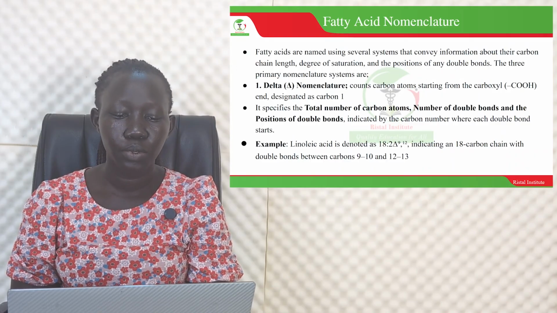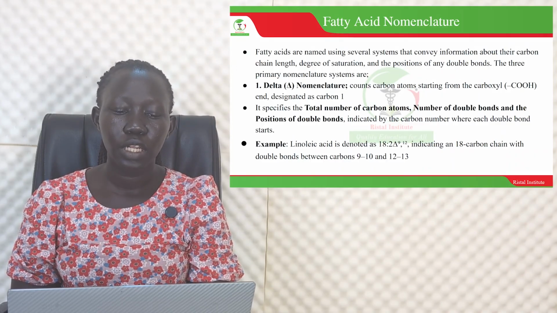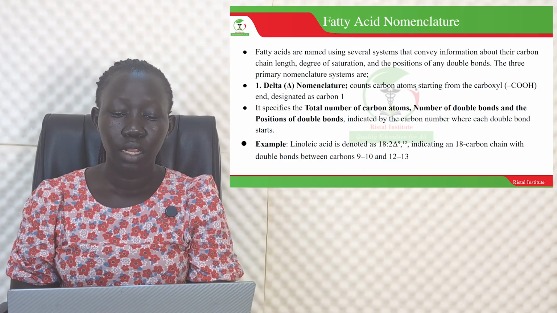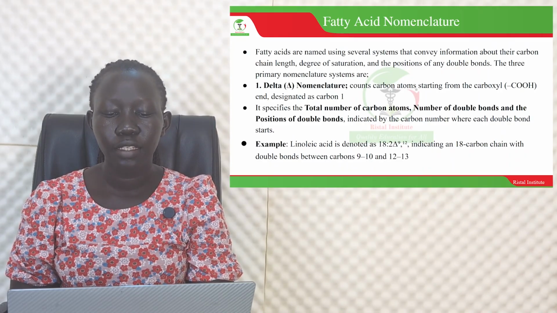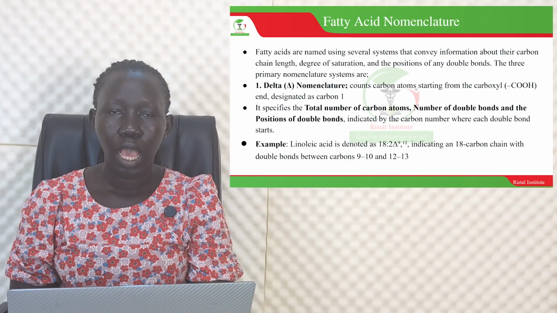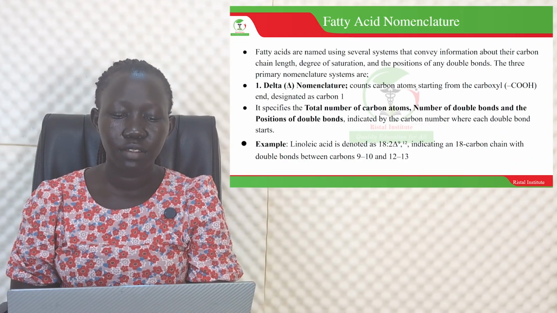Let's take an example of linoleic acid. Linoleic acid is denoted as 18:2 delta superscript 9,12. And what is the meaning of this?